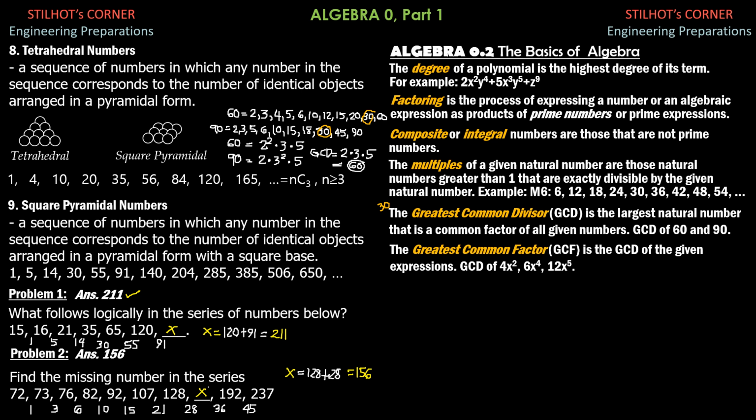So for the GCF of 4x squared, 6x to the fourth, 12x to the fifth, just like what we did here, let's use this technique. 4x squared is, I'll put the solution here.